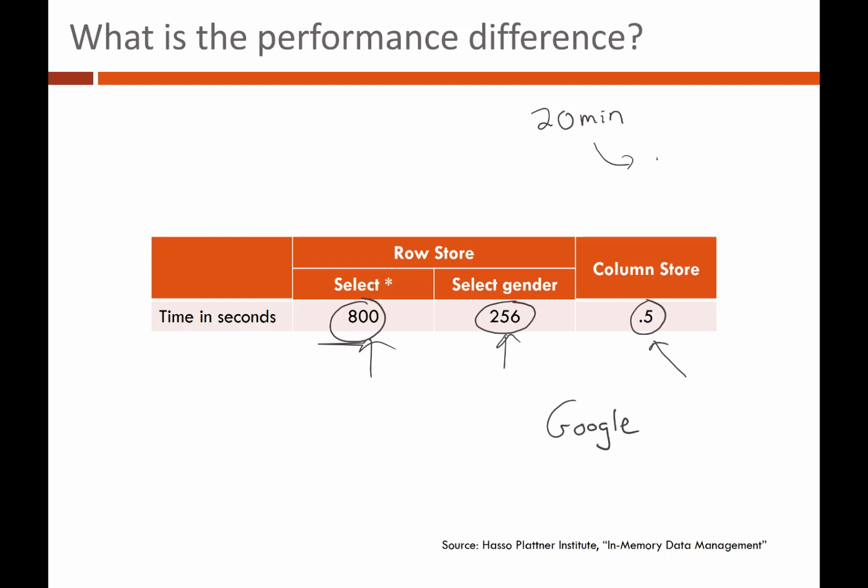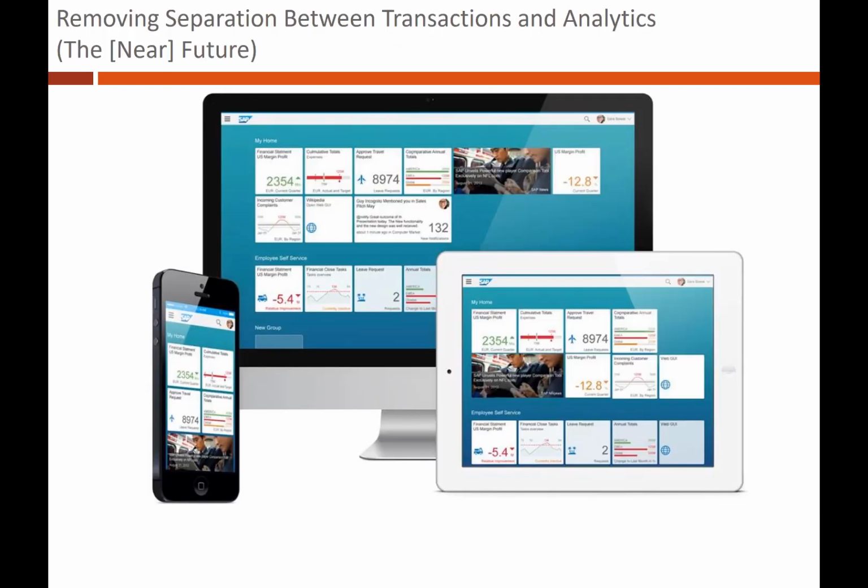Runtime, 1.5 seconds. From 20 minutes to 1.5 seconds. This is where people get really excited, because now we can start thinking about putting this places that we never could do it before.